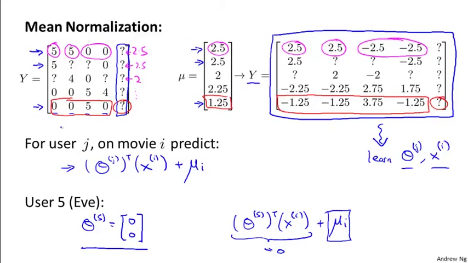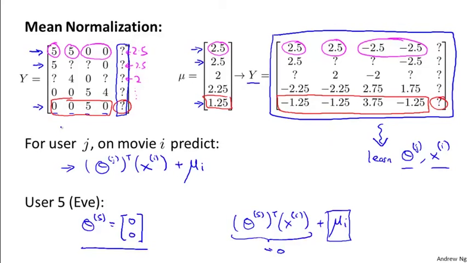Finally, as an aside, in this video we talked about mean normalization, where we normalize each row of the matrix Y to have mean 0. In case you have some movies with no ratings, which is analogous to a user who hasn't rated anything, you can also play with versions of the algorithm where you normalize the different columns to have mean 0 instead of normalizing the rows, although that's maybe less important because if you really have a movie with no ratings, maybe you just shouldn't recommend that movie to anyone anyway.